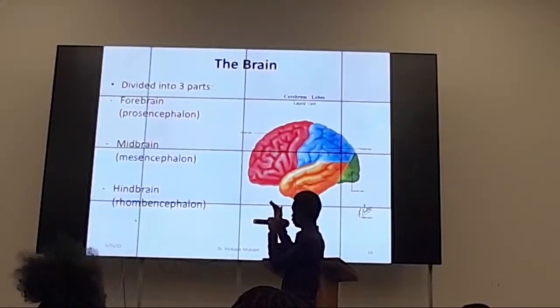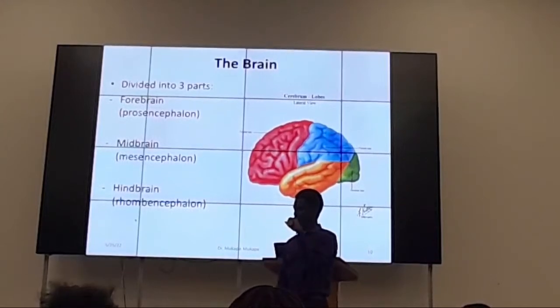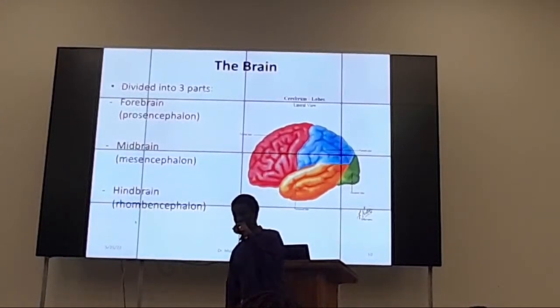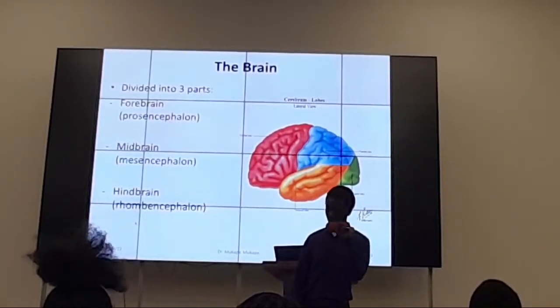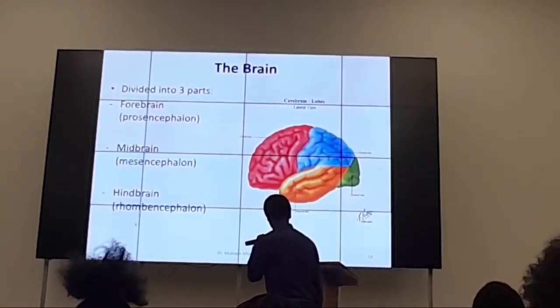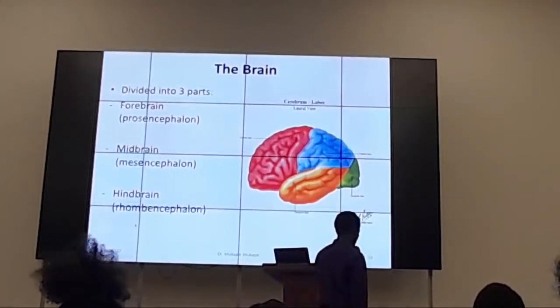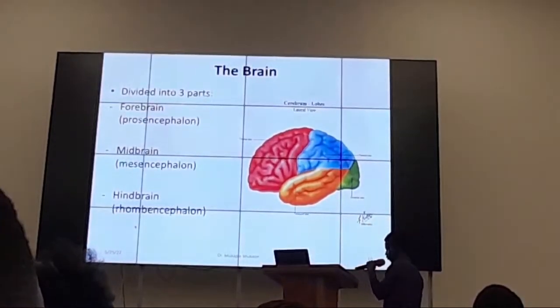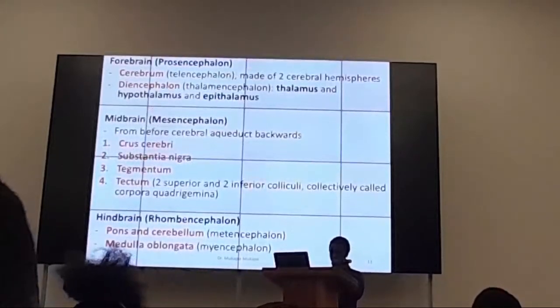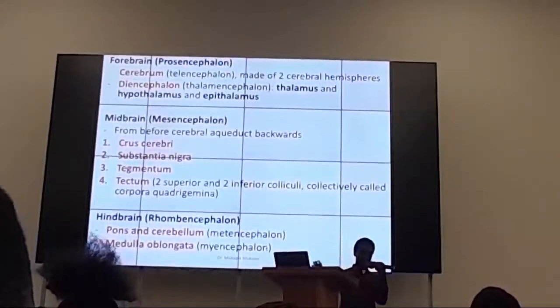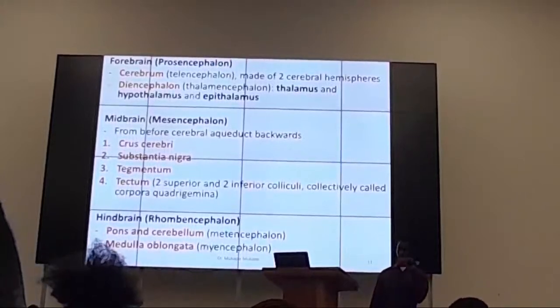Now, when you look at the forebrain, the forebrain itself, or the prosencephalon, consists of what we call the telencephalon and the diencephalon. Now the telencephalon, that's basically the cerebrum.